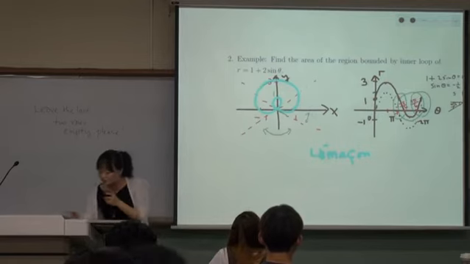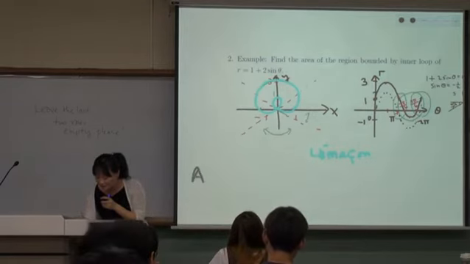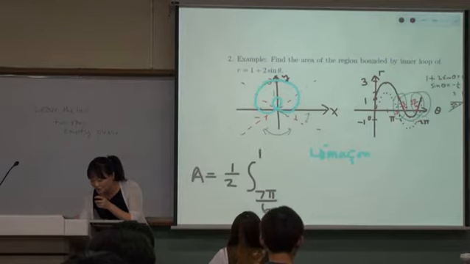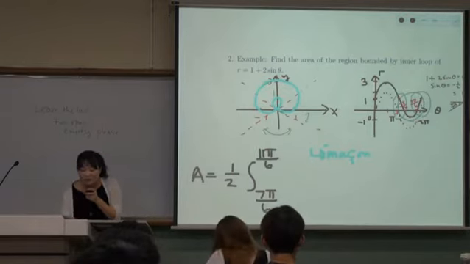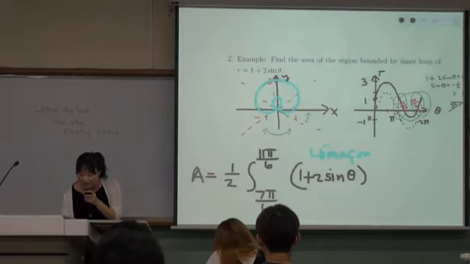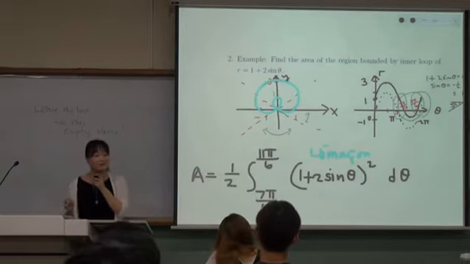Okay. So the area is 1/2 integral where to where? 7 pi over 6 to 11 pi over 6. What's R? R squared. What's R? 1 plus 2 sine theta squared and what? D theta. Fine?